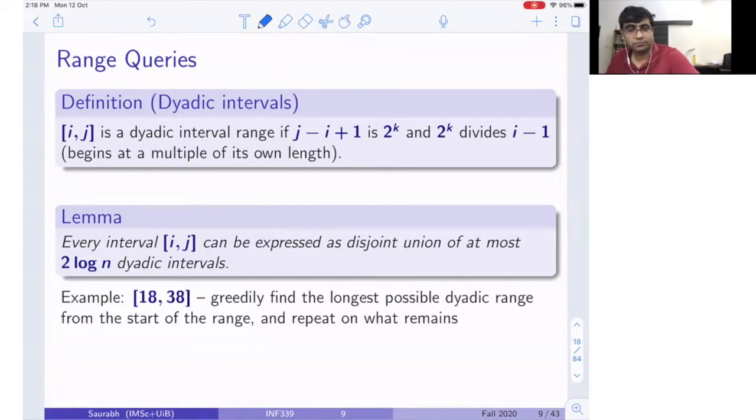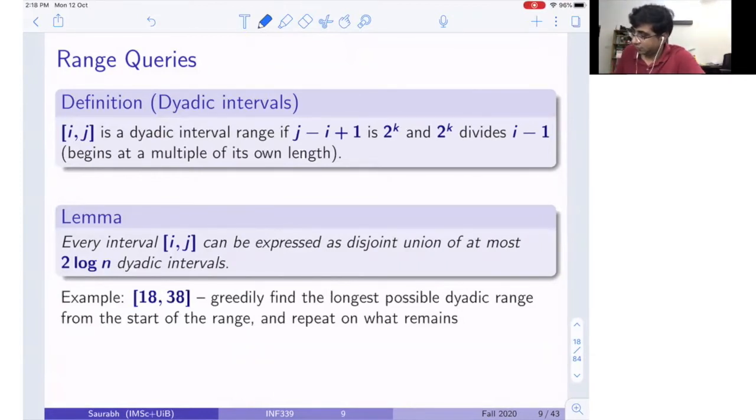Anybody? What is the range? Let's say 1 to 256, it doesn't matter.